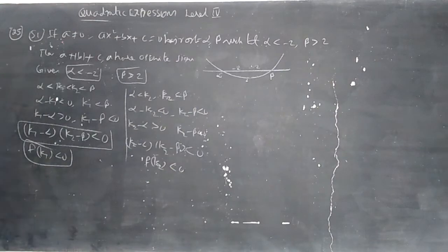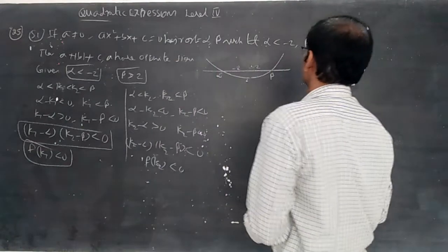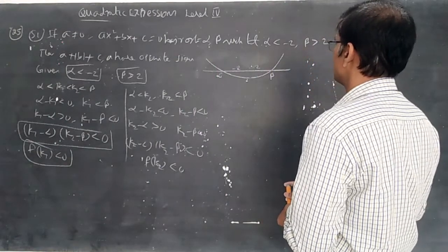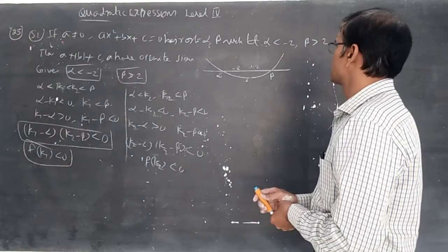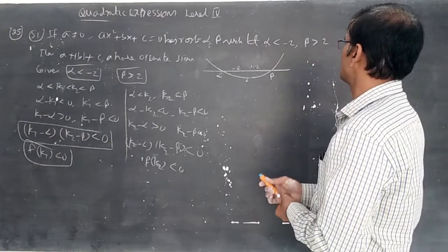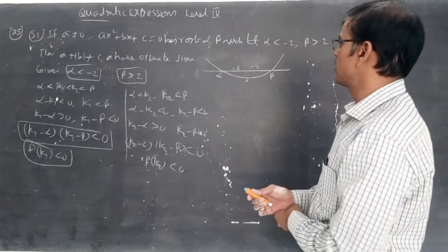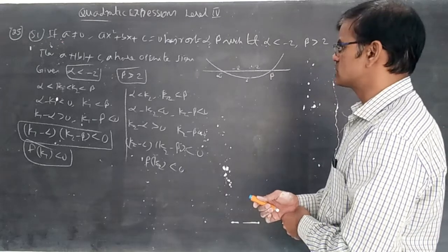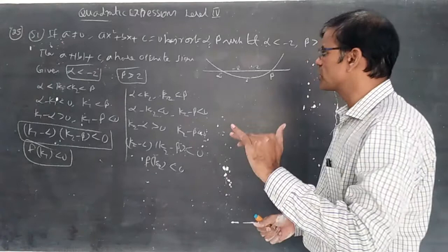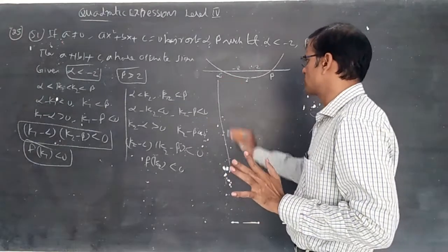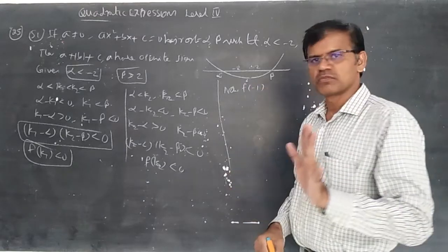So what is K1 and what is K2? Let us consider alpha less than minus 2 and beta greater than 2. In between minus 2 and 2, if we take a root as minus 1, now f of minus 1 I am taking.